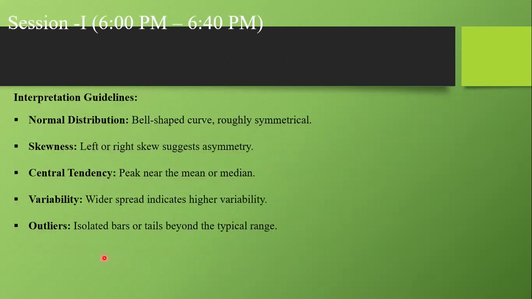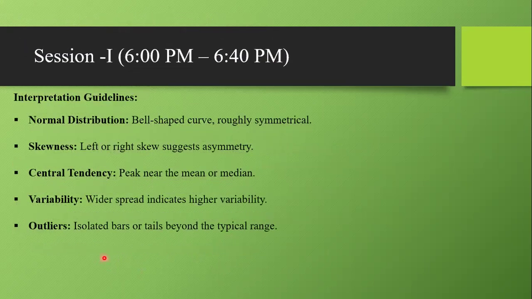So what are the interpretation guidelines if we have created a histogram? What are the things that we can interpret from it? We can conclude whether it is normal distribution or not. We can conclude whether it is left skewed, right skewed, or whether it is a symmetric diagram or bell shaped diagram. We can conclude about the central tendency of the data, if the peak is near the mean or median. We can also conclude the variability of the data.